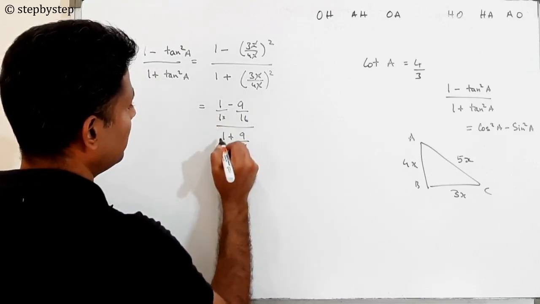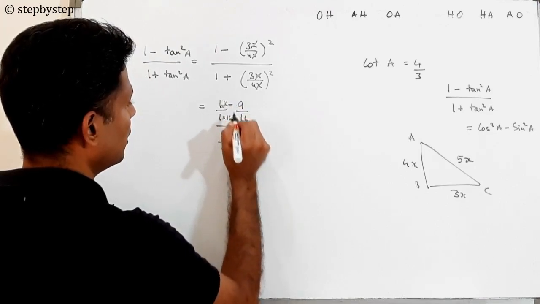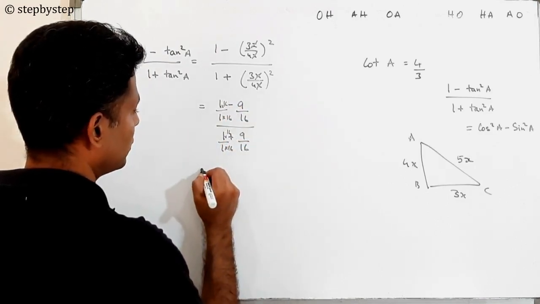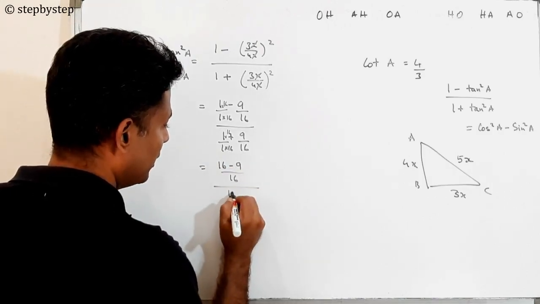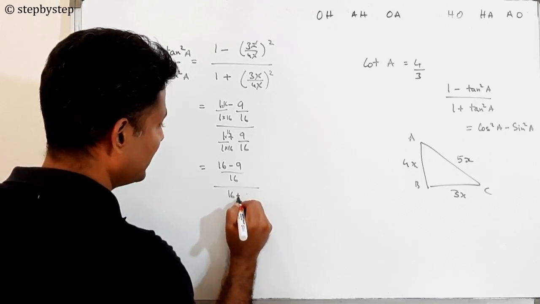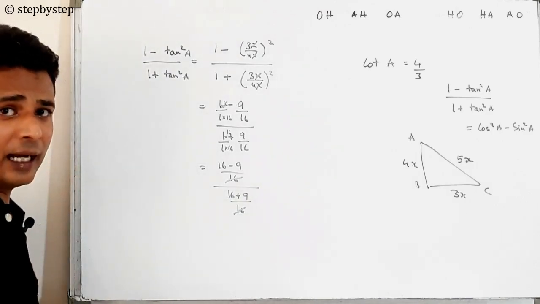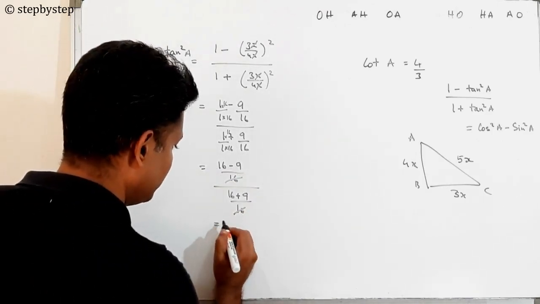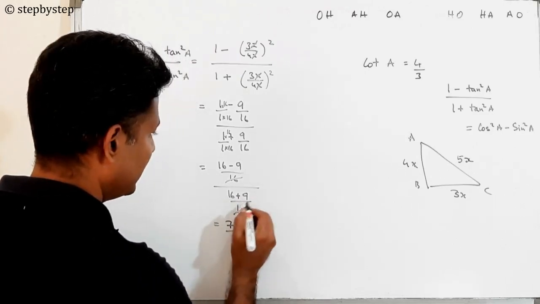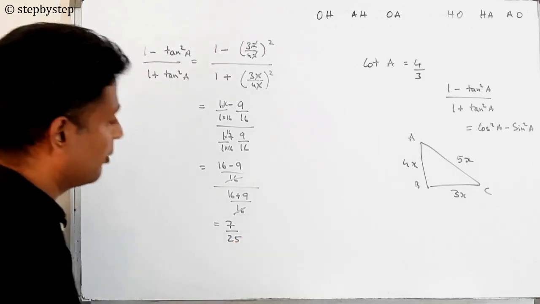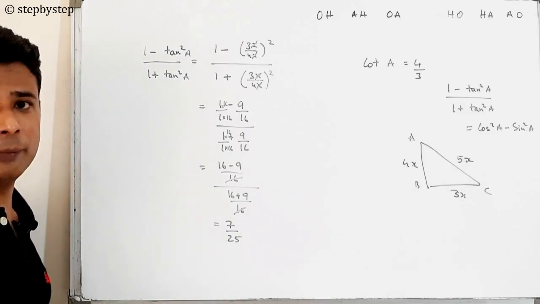Now taking LCM, into 16 up and down. So we get 16 minus 9 by 16, by 16 plus 9 by 16. So this 16 will cancel. 16 minus 9 is 7, and 16 plus 9 is 25. So we got 1 minus tan square by 1 plus tan square as 7 by 25.